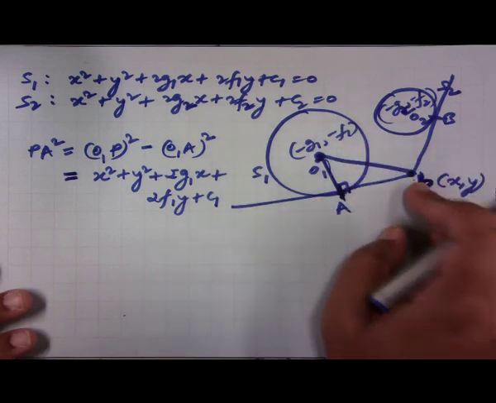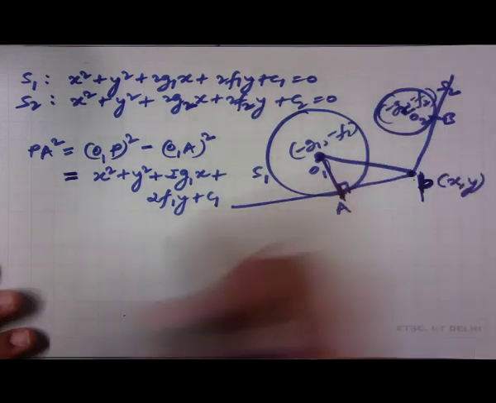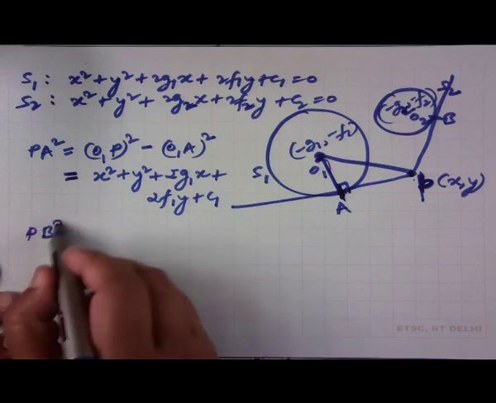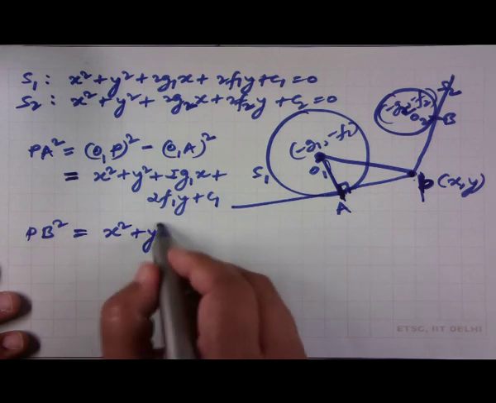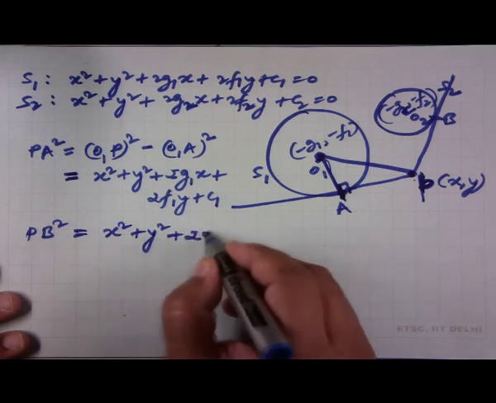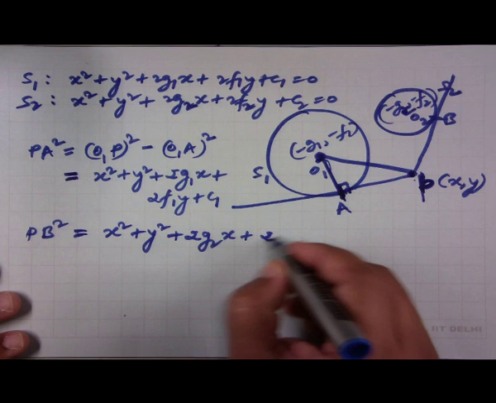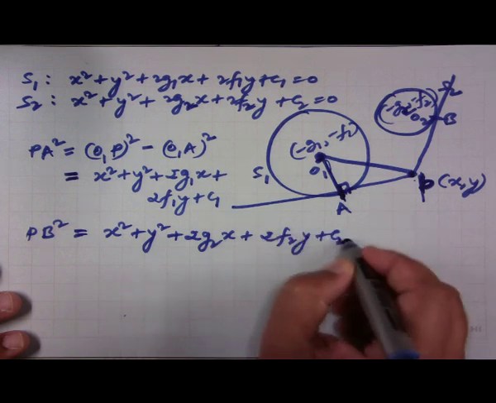Similarly, the power of this point P with respect to the second circle will be PB square, which is equal to x square plus y square plus 2g2x plus 2f2y plus c2.